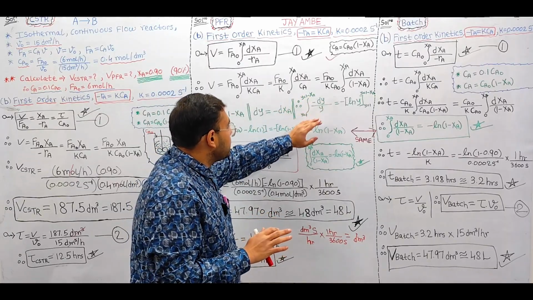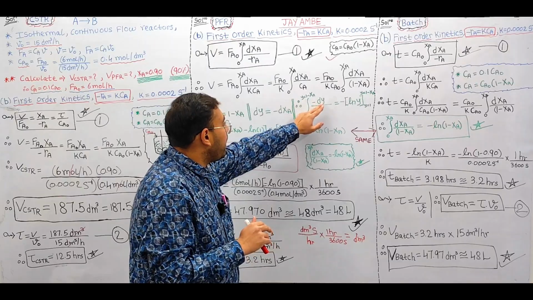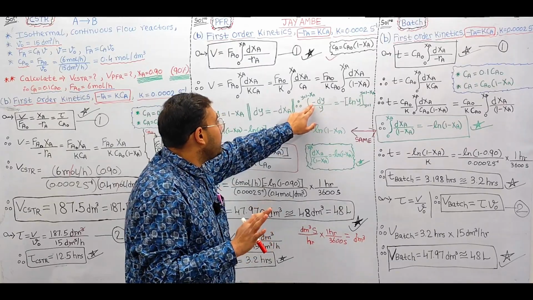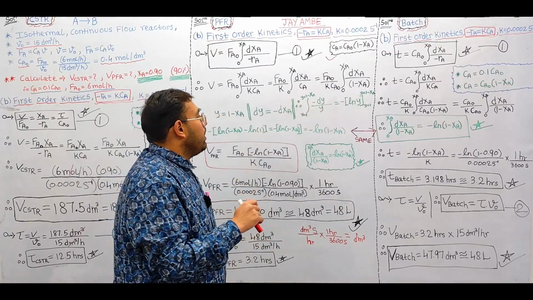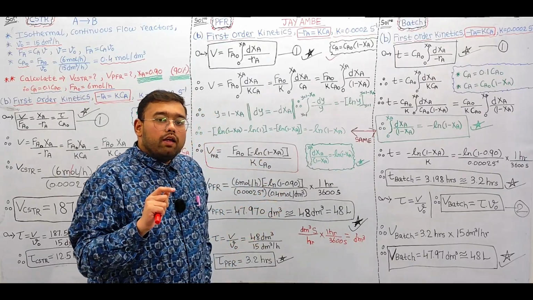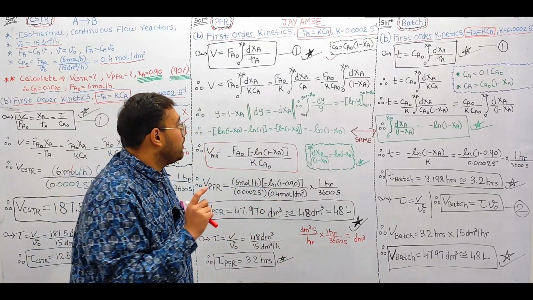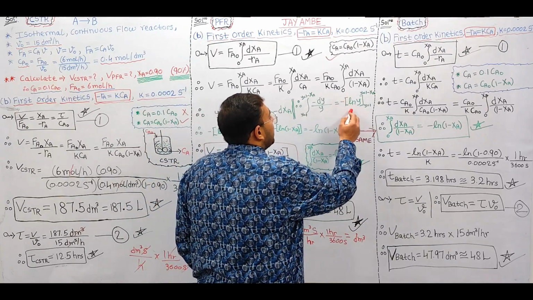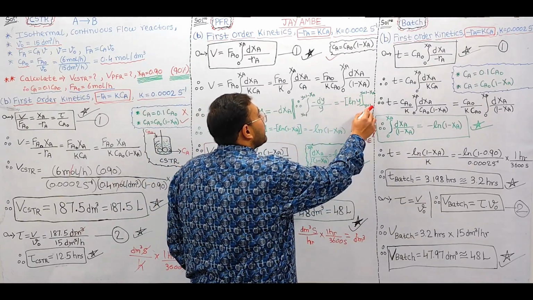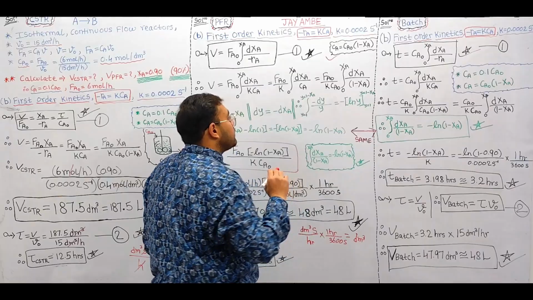Okay, now after this, we have integration of minus dy by y. The minus sign we can take out of the integration. Integration of dy by y is ln of y, so minus ln of y from the limits y is equal to 1 to y is equal to 1 minus XA.